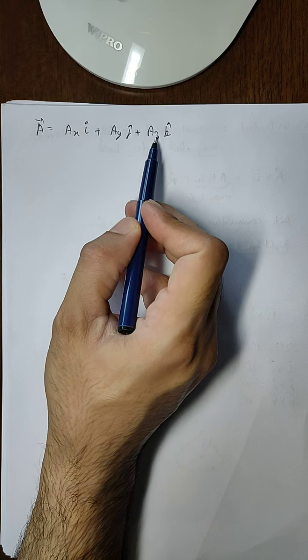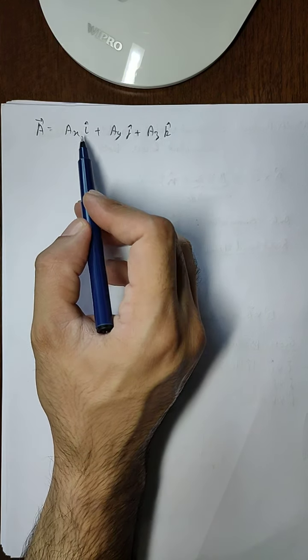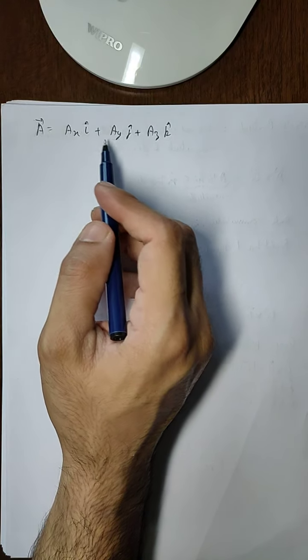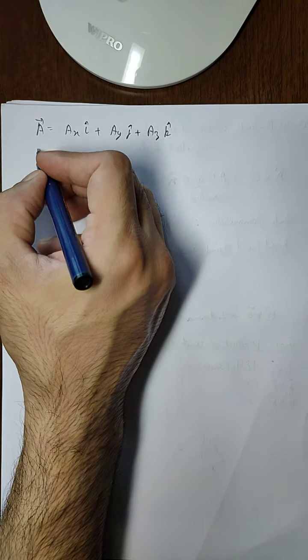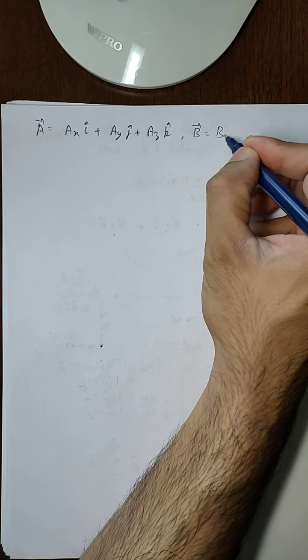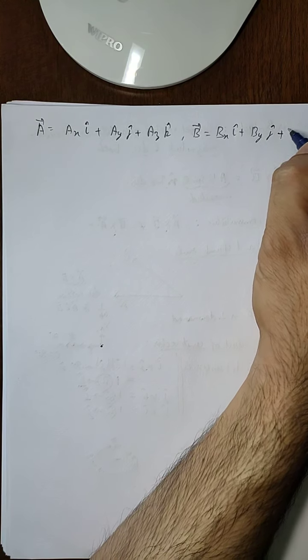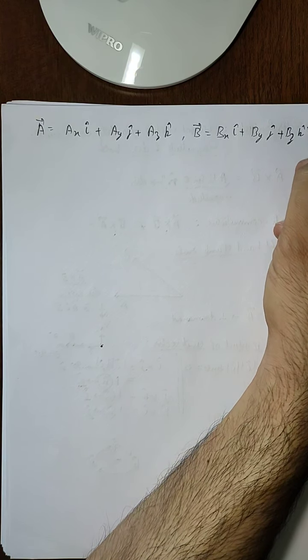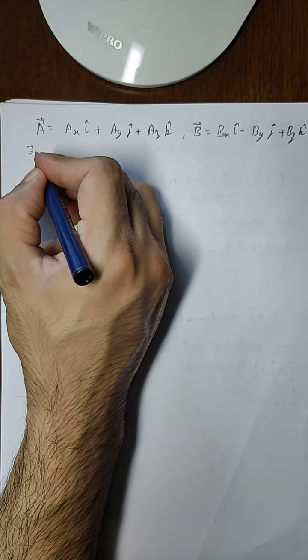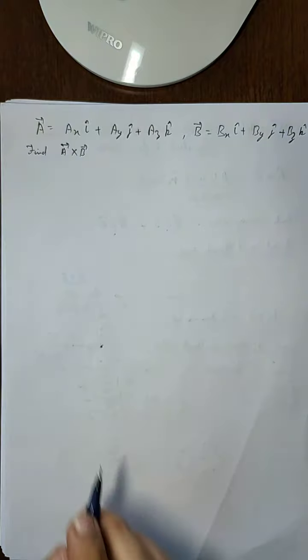Ax, Ay and Az are coefficients of i, j and k respectively, and they have some value like 3, 2 and whatever, a scalar value. And similarly, if we have vector B given as Bx i cap, By j cap and Bz k cap, we have to find the vector product of these two vectors, A cross B.